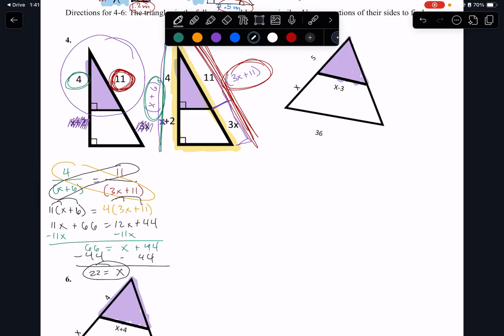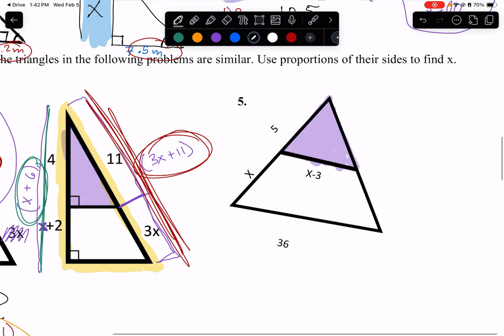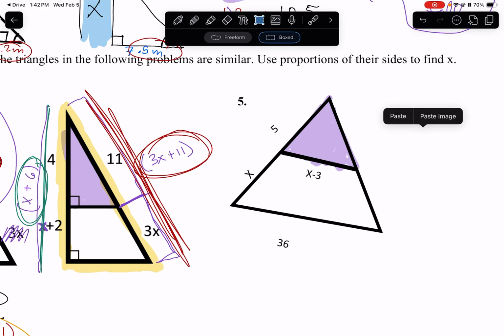I think things like number 4 are a little bit more confusing for that purpose, but number 5 is a little bit more obvious when we do this one. So I've got that purple triangle. What I'm going to do this time is just copy this top part. We're just going to focus on that. Copy, paste.